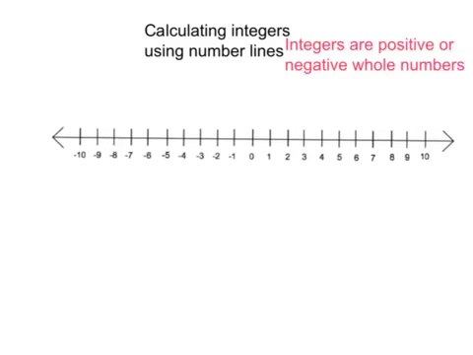So let's start with a question, for instance. If we have, let's say, -4 plus 3. And if we try to calculate that using the number line, we can actually start at -4, and because we are adding 3, we will go in a positive direction, and that's generally to the right.